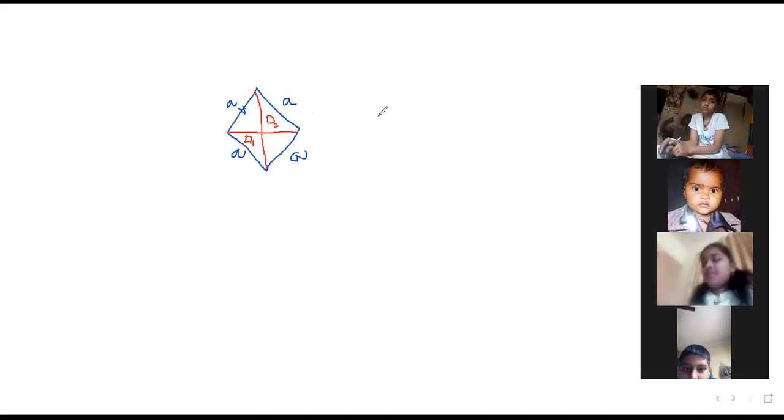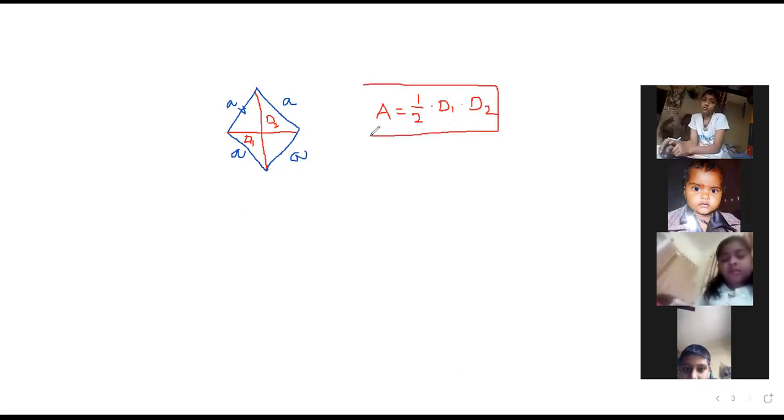Now, the area of the rhombus formula. What is the area of the rhombus formula? Half into diagonal 1 into diagonal 2. This is the formula. The actual formula is half into diagonal 1 into diagonal 2, and in your question, the diagonals are x and y.